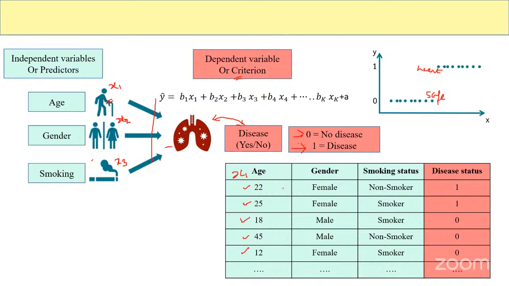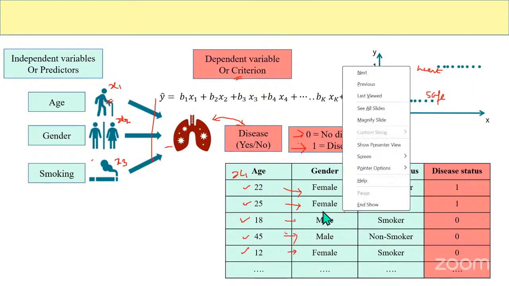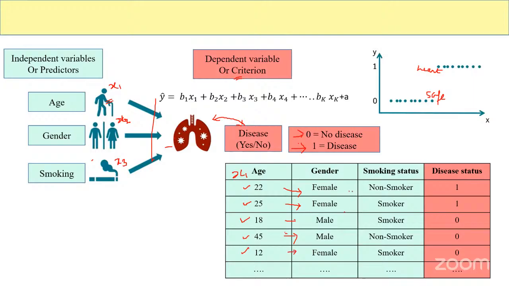Similarly, gender: the first person is female, the second female, third male, fourth male, and fifth female. The next is the third variable, x2 is gender, and coming to x3, smoking status. The first person is a non-smoker, the second a smoker, the third a smoker, the fourth a smoker, the fifth a smoker.